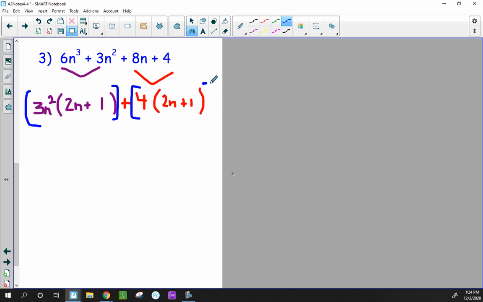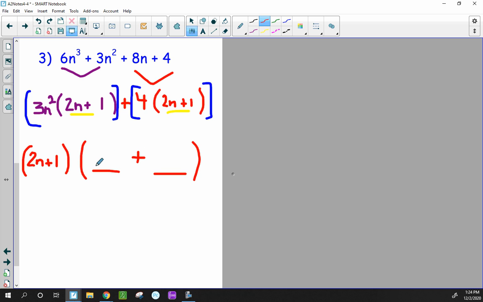And I want you to look inside the brackets for each one. Both of them have this in common. And so now that's my new GCF. So we'll put that out in front, just like the others. And we'll finish it up.